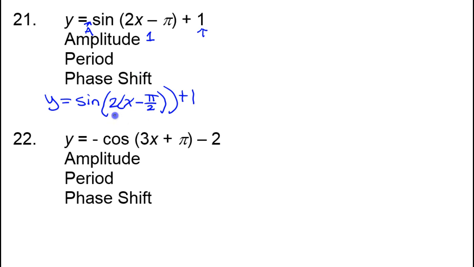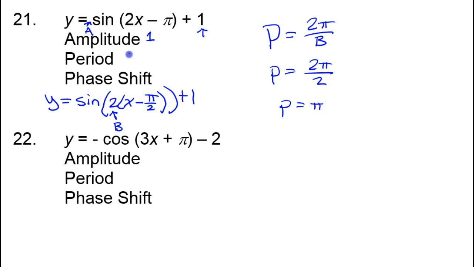This 2 right here is the b value, and that's going to indirectly tell me the period. Remember, the period is always 2 pi divided by the b value. That means the period is going to be 2 pi divided by 2, so the period will be pi.